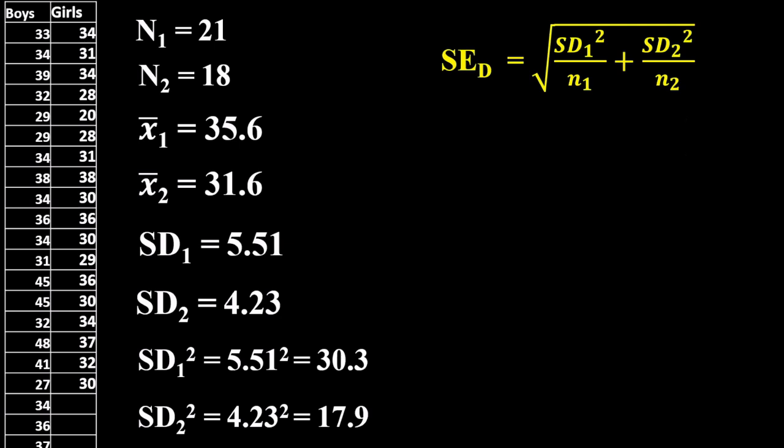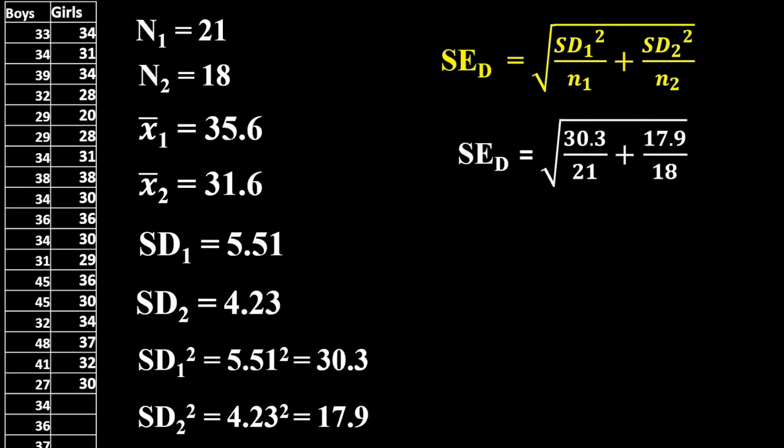We have found all the values, we put all the values. SED equals under root SD1 square upon N1 plus SD2 square upon N2, where SD1 square is 30.3 as we have calculated, and N1 is 21, SD2 square is 17.9, and N2 is 18.